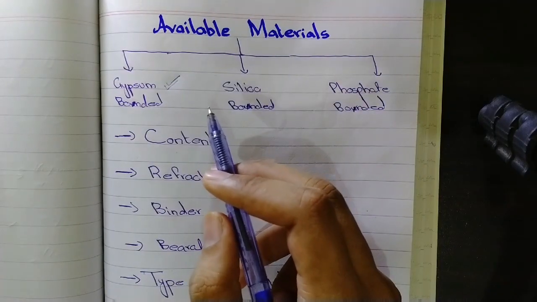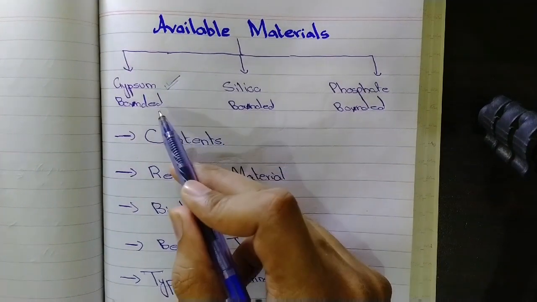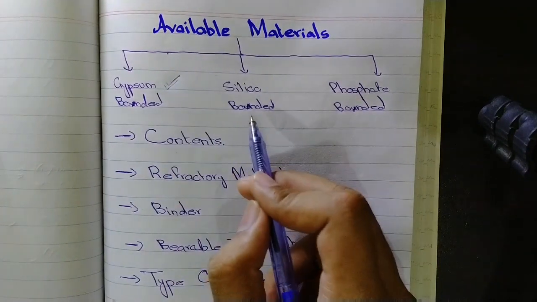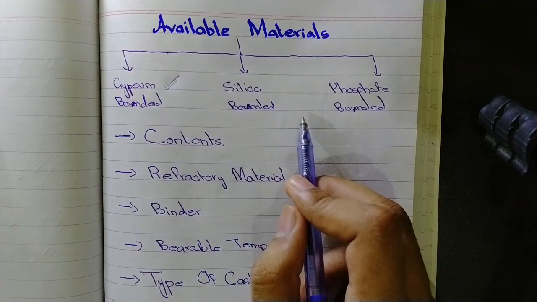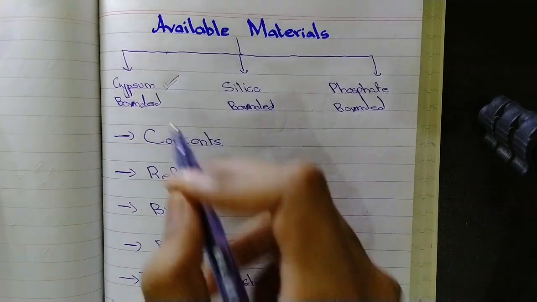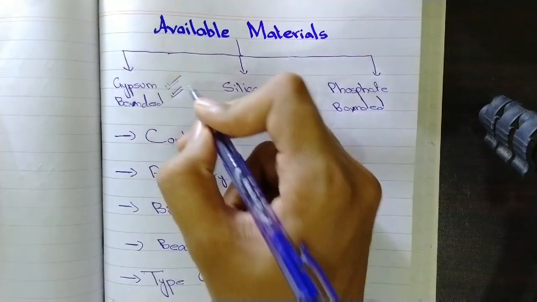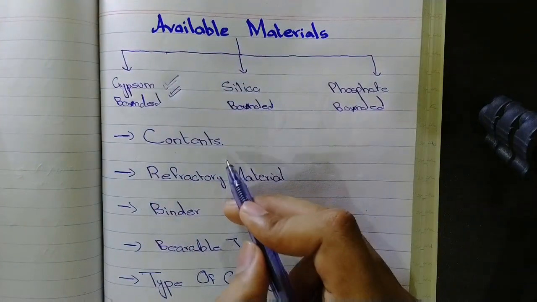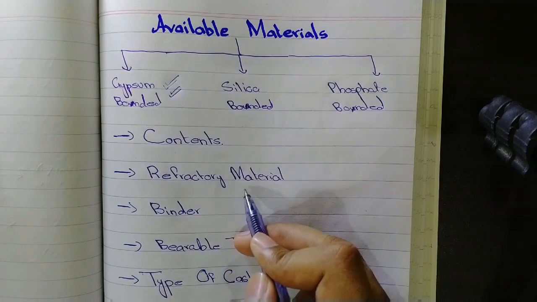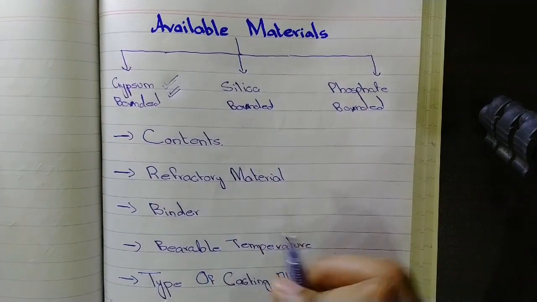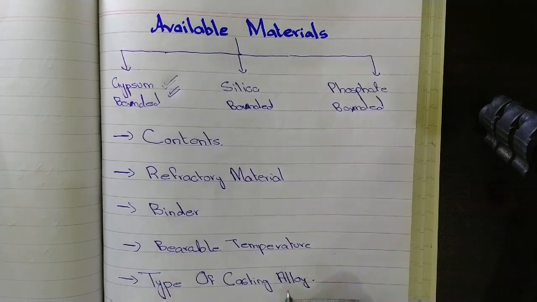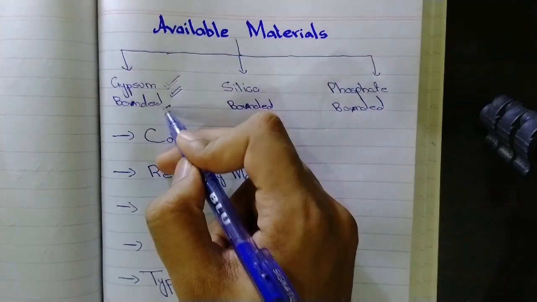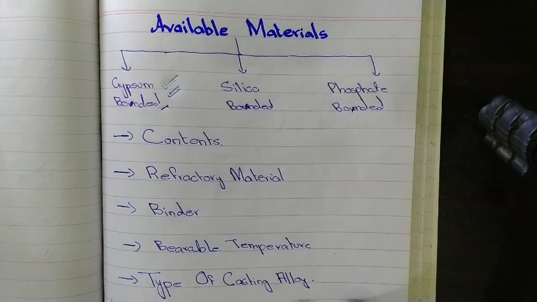We have three types of investment materials: gypsum bonded investment material, silica bonded investment material and phosphate bonded investment material. Today we will discuss the gypsum bonded investment materials and their contents, refractory material, binder, variable temperature and type of casting alloy which can be used with them.